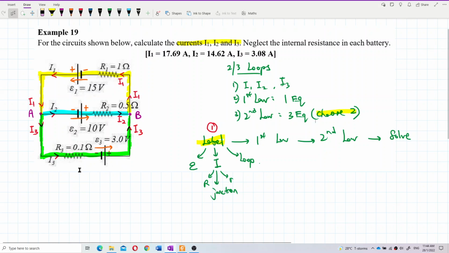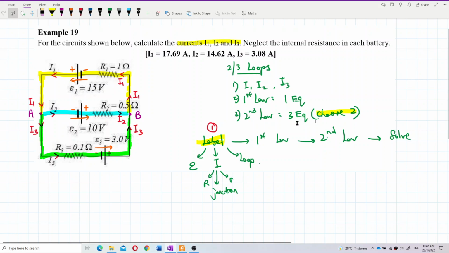Any two: the top and bottom loops, or the top loop with the big loop, or the bottom loop with the big loop. Understand? Any two, only two.